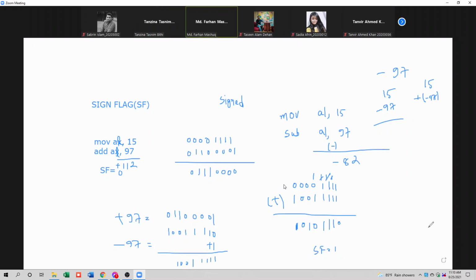After some arithmetic operation on signed numbers, look at the MSB. If the MSB is 0, then the sign flag register equals 0. Otherwise, the sign flag register equals 1. Clear? Okay, so this is the sign flag register.